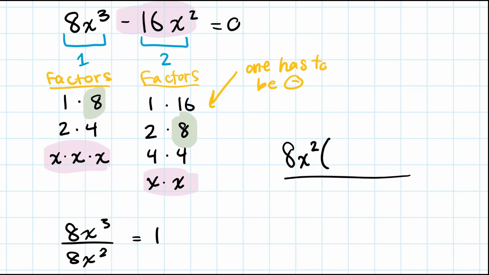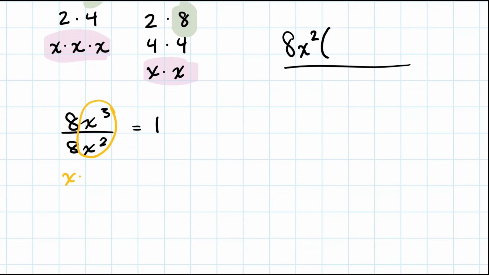And what happens when we have x cubed divided by x squared? We could also, if we wanted to, write it like this. If that makes it easier, you could write it like this. Then you can do simple canceling out of division, right? You can cancel out these two, and then you could cancel these two because they cancel each other out. An x divided by x is equal to 1.